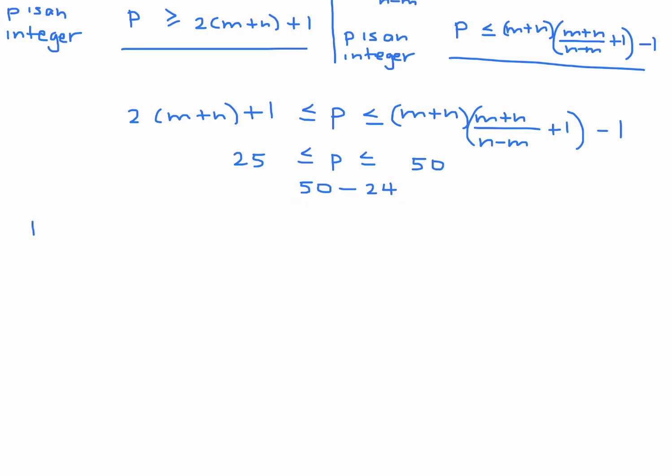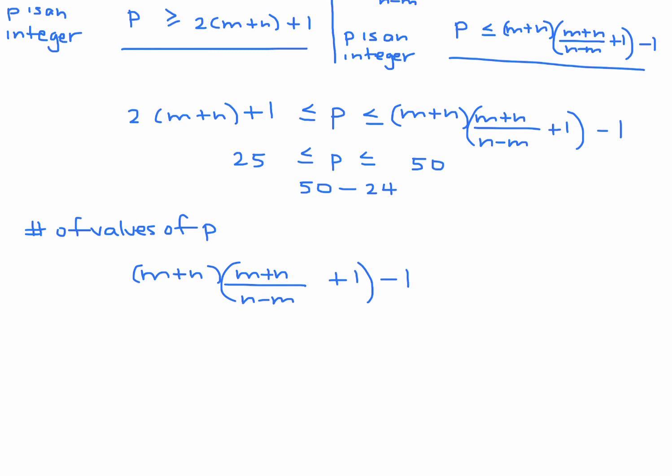So the number of values of P would be this guy, which is M plus N times M plus N over N minus M plus 1 minus 1, minus this guy, 2, let's just put it in brackets, M plus N plus 1, and then don't forget to subtract 1.